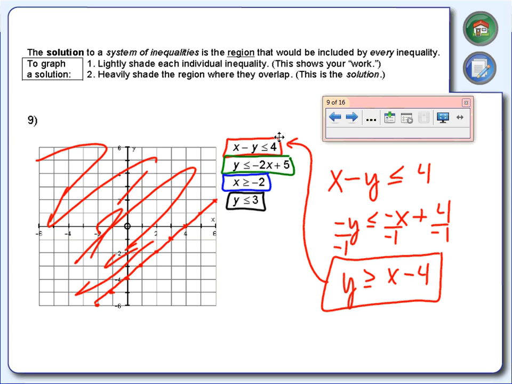All right, Mauritius graphed the first one for us. y is greater than or equal to x minus 4.